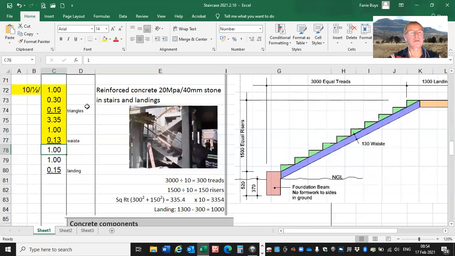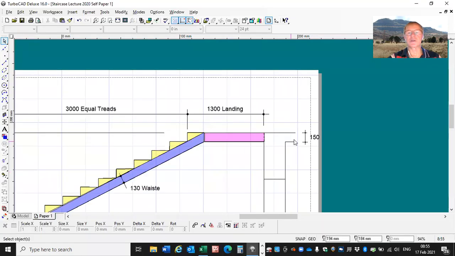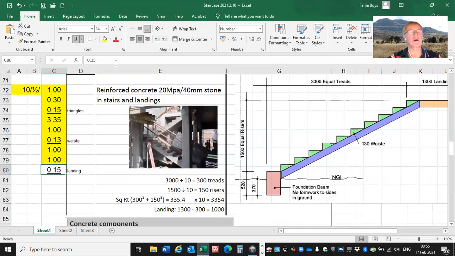So that's 1 meter times the width of the landing, which is 1 meter, and the thickness of the landing is once again 150 millimeter, same as that side there. So the thickness of 0.15. And that is the measurement of the concrete in stairs and landings.